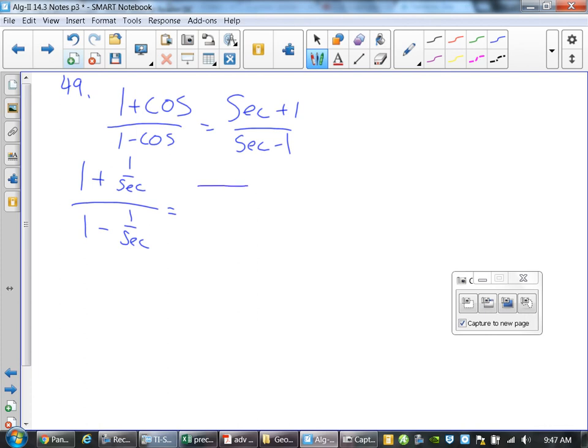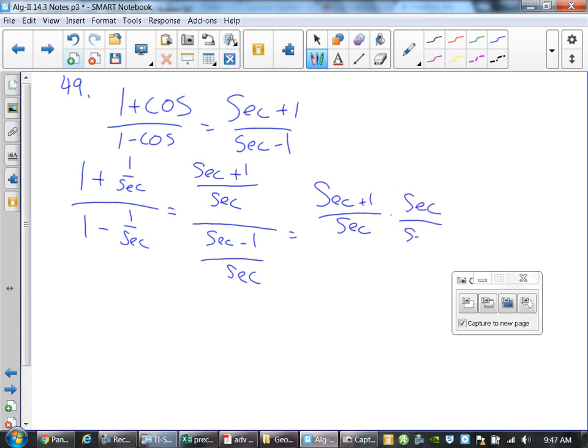So I'm going to get something over a secant here, I get a secant plus 1, and secant minus 1 over a secant. When I divide by that bottom fraction, I have to multiply by its reciprocal, and see how the secants drop. There's your answer.